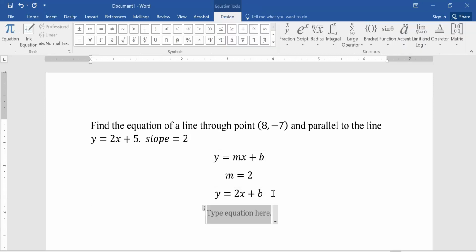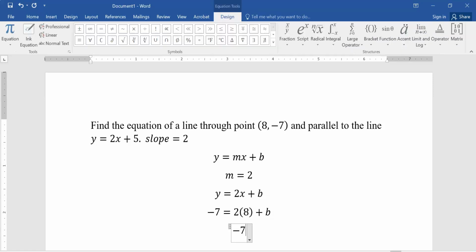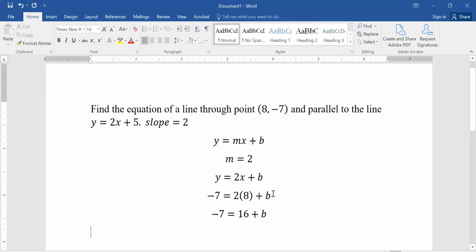So here we are. Let's plug in things. -7 equals 2 times 8 plus b. So we end up with -7 is equal to 16 plus b.